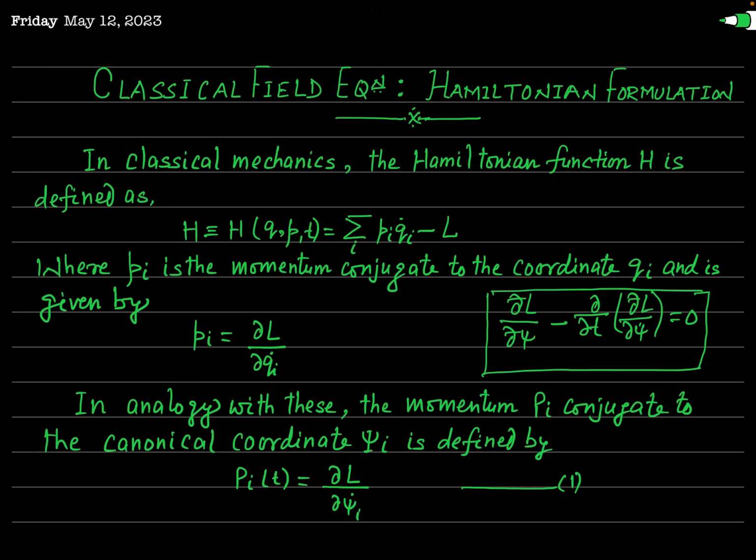Now in this present lecture, our aim is again to discuss the classical field equation, but now we are going to find the Hamiltonian form of the classical field equation. So this lecture is regarding the Hamiltonian formulation of the classical field equation.